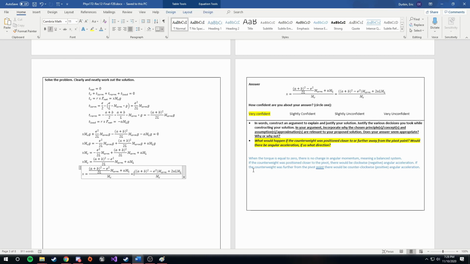This one is a lot easier to understand because I remember my physics teacher told me that on a door, the door handle is at the very end because it's easier to open the door.